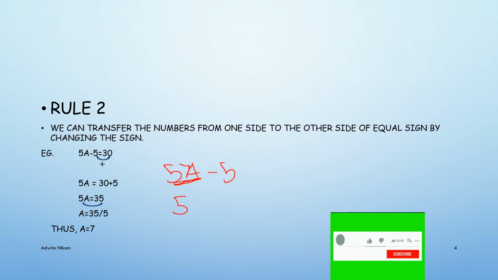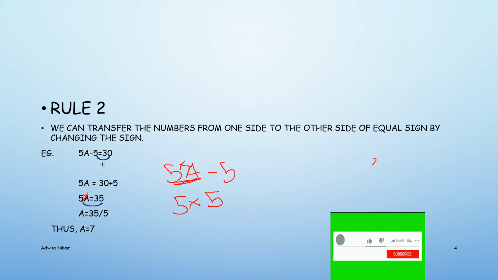It's multiplication. So 5 multiplied by a. So when we take this 5 from here to 35, the multiplication sign will change into division. Thus, a is equal to 35 divided by 5. Thus, a is equal to 7.